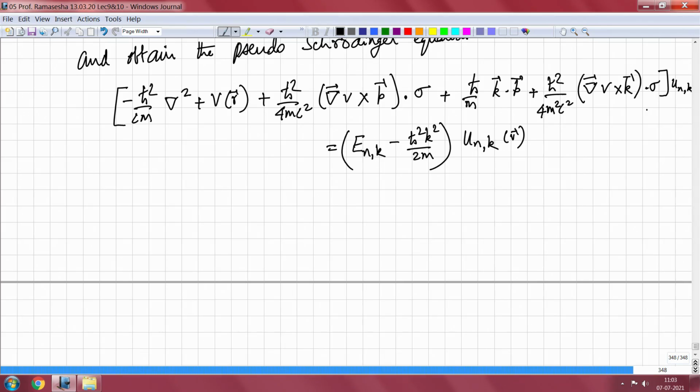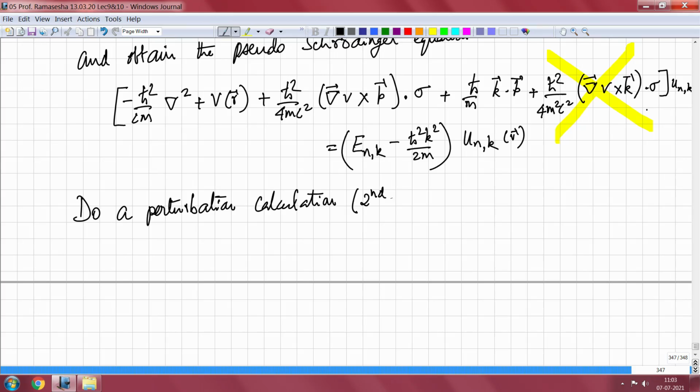Usually the last term, this term that we have, can be neglected. This is rather small, so usually it is neglected, and what we need to do is, if we do this and then do a perturbation calculation which is second order, which mixes the excited p bands with the s bands of our interest.